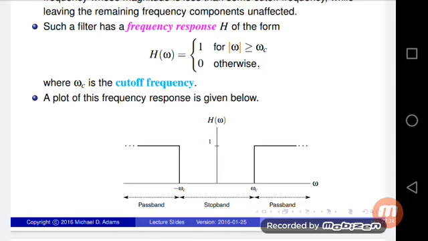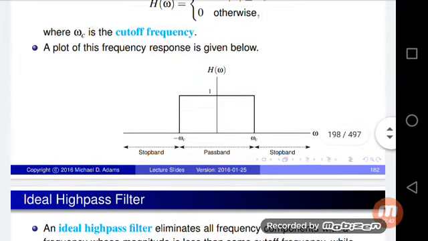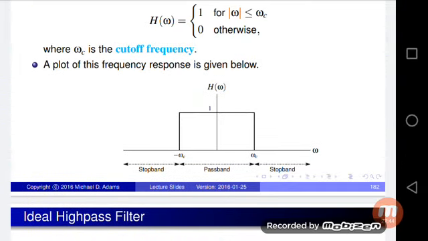In this also we are observing a reverse operation. In the low pass filter above, where 1 is present, it is a pass band, which means it will propagate the flow of current in the circuit.